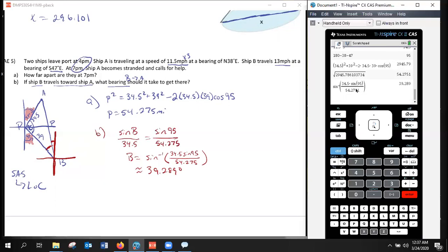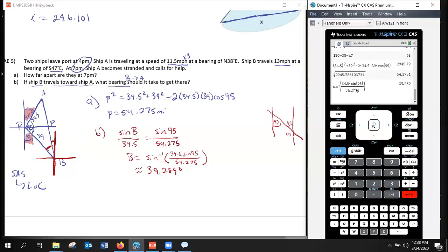That doesn't actually tell me the bearing. So in order for me to find the bearing, I'm going to have a little kickback to geometry. Remember what happens when you have two parallel lines cut by a transversal? So I know that if this is a 47-degree angle, then by alternate interior angles, this is also a 47-degree angle. We could also use same side interior angles to say this is 133 degrees.